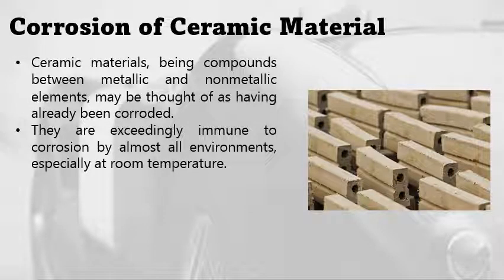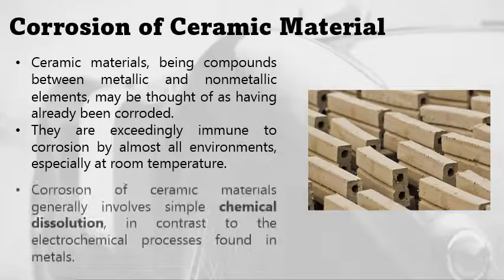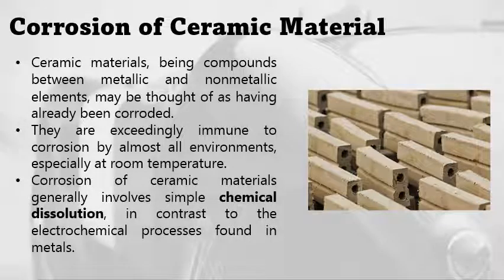That is why they are exceedingly immune to corrosion by almost all environments, especially at room temperature. Corrosion of ceramic materials generally involves simple chemical dissolution, in contrast to the electrochemical processes found in metals.